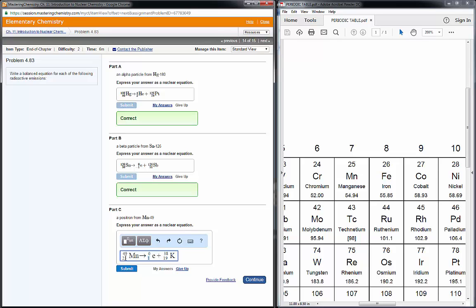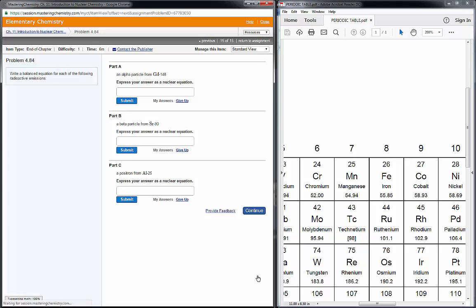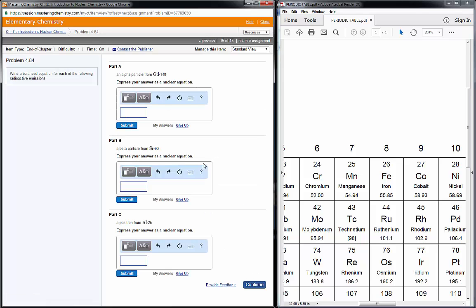Positron has a mass of 0 and a charge of +1, so that's my positron. 49 equals 0 plus 49. 25 equals 1 plus 24. Element number 24 is chromium. So that's it. And let's do it again. And again, these are probably randomized. You might not have the same ones as me.